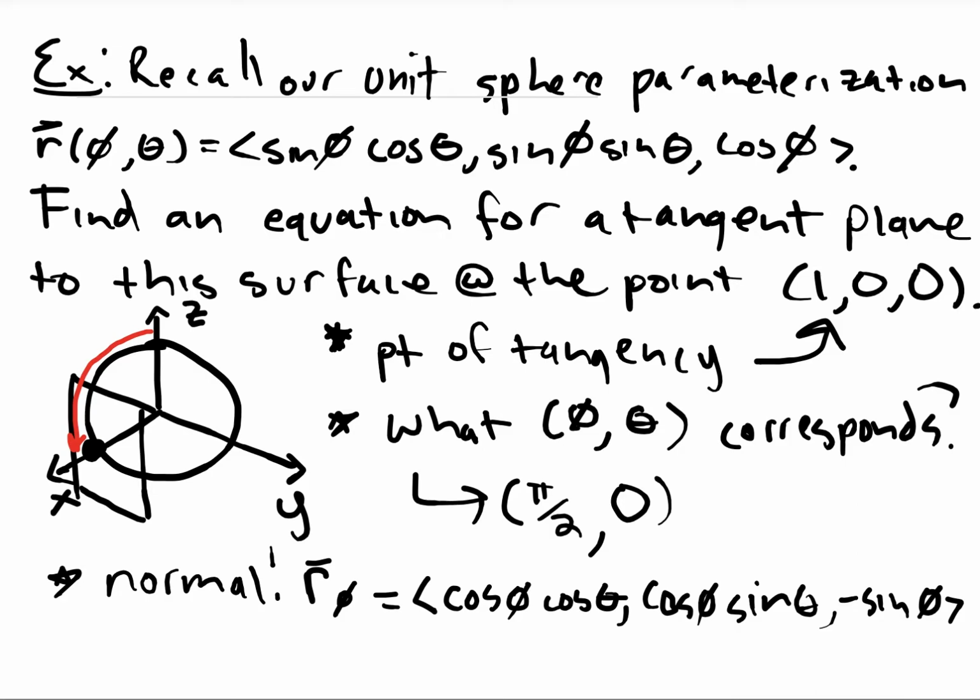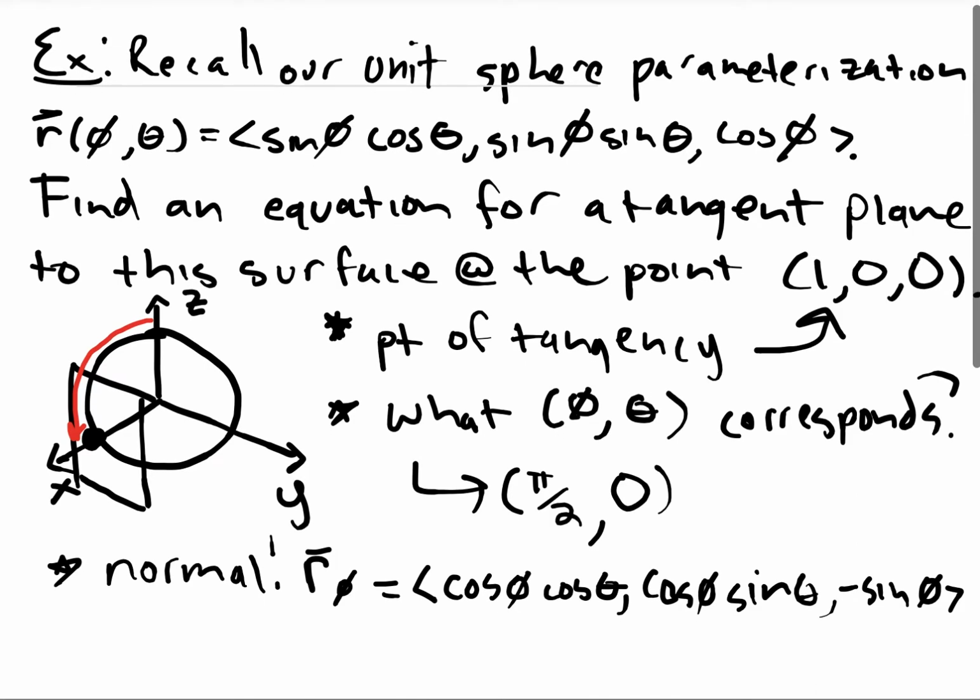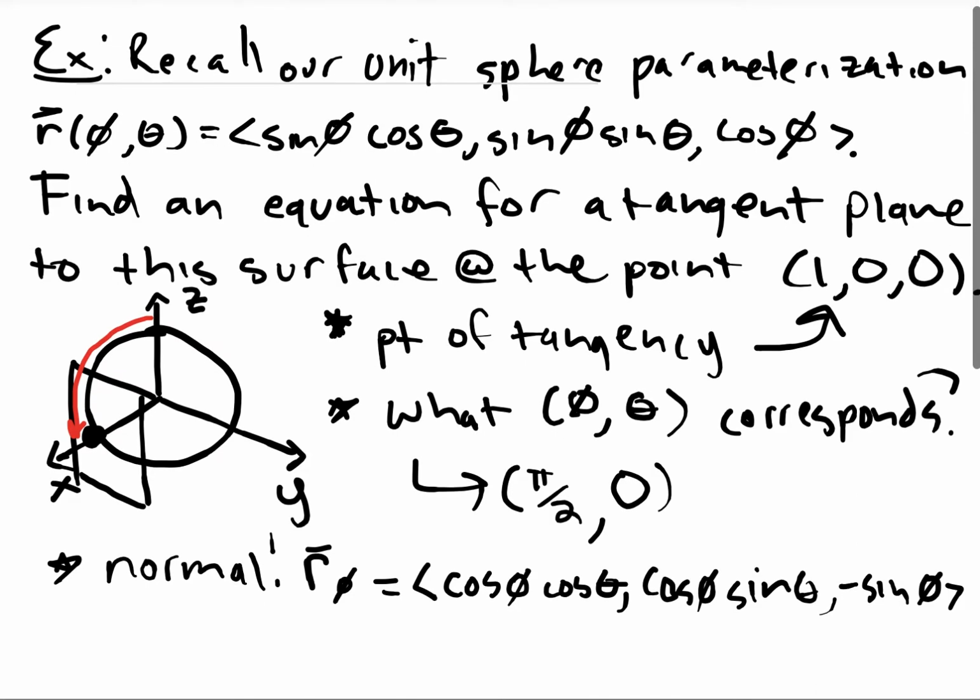Now, a comment that'll save me a little bit of time and a lot of writing. I said that I wanted ultimately R of phi cross R of theta evaluated at this point of tangency. I can also substitute that point in right off the bat, and then that's going to give me less stuff to write down and substitute in later.